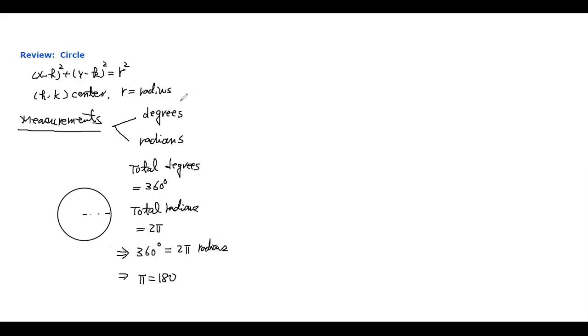Okay, so the next thing we're going to talk about is the circumference, the sectors, and the arc lengths. So let's take a look. For this circle, if I know the radius, if this is r, and I also have an angle, which I call x, then I know the circumference.